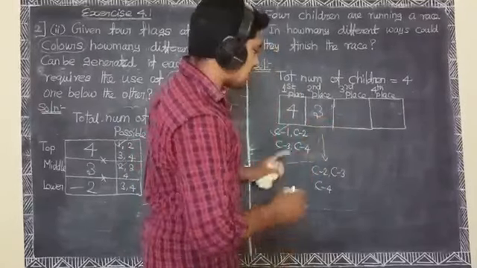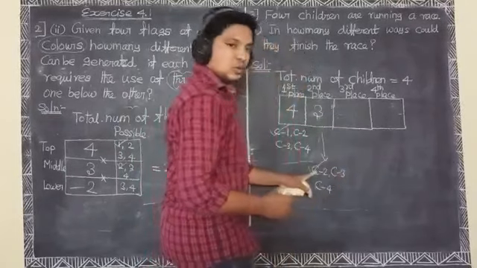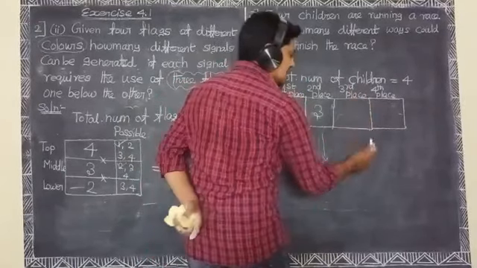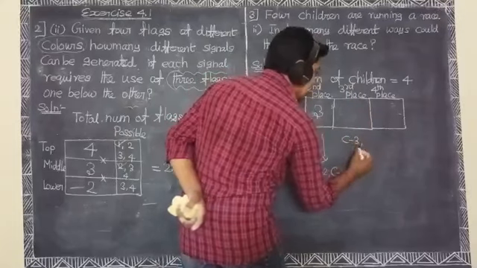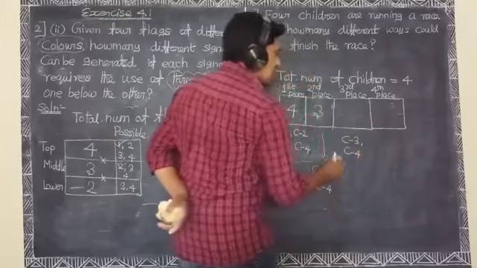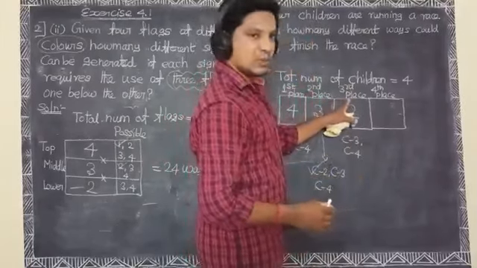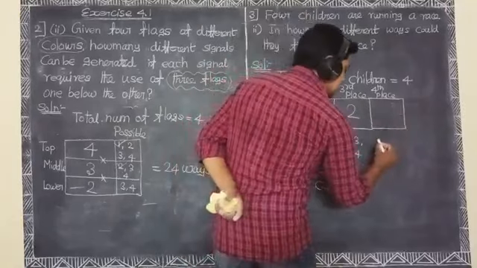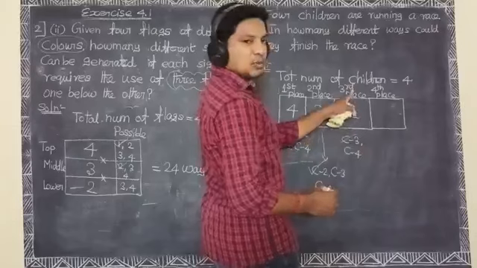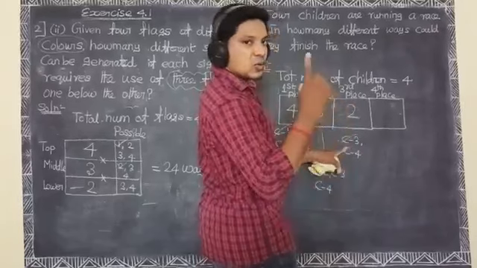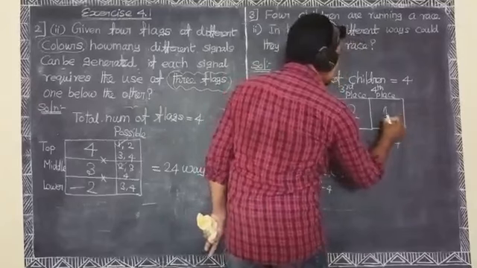Suppose child 2 is in second place. The third place is possible only for child 3 and child 4, so 2 ways. Then for the last position, suppose child 3 is in third place, only child 4 remains, so one person.